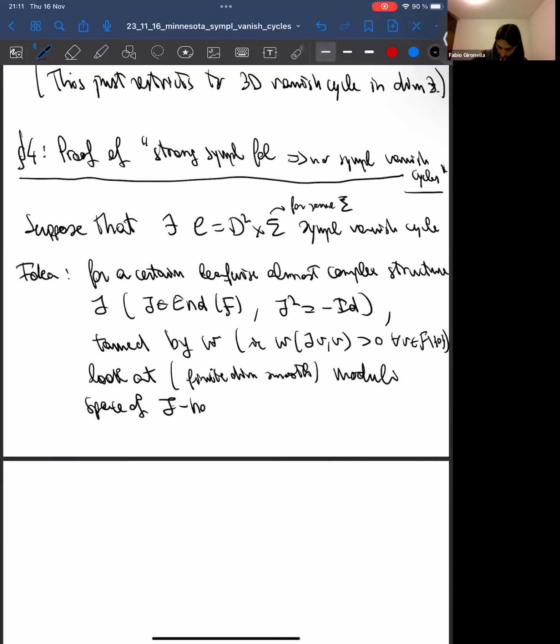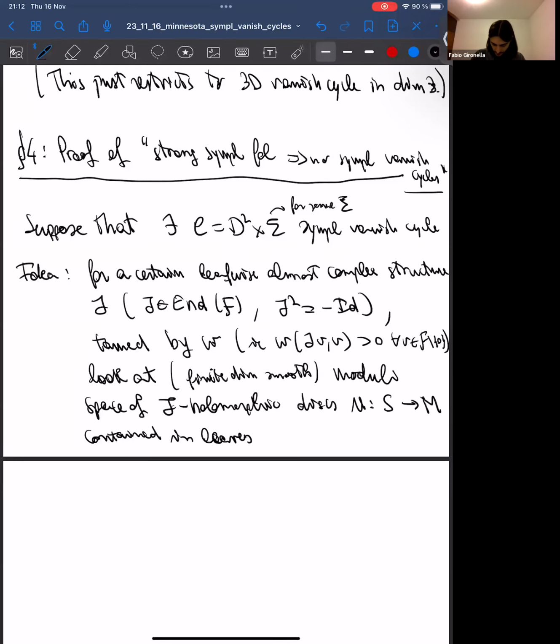Oh, sorry, this is not sigma, this is S in M, contained in leaves. So their image is contained in a leaf.